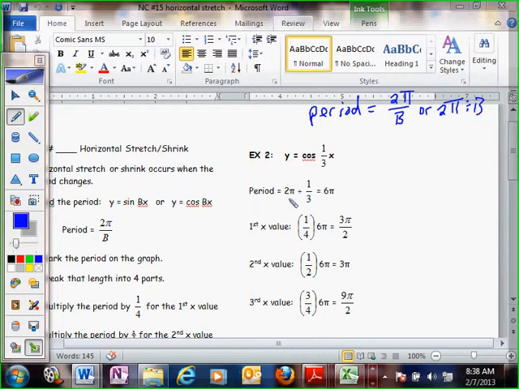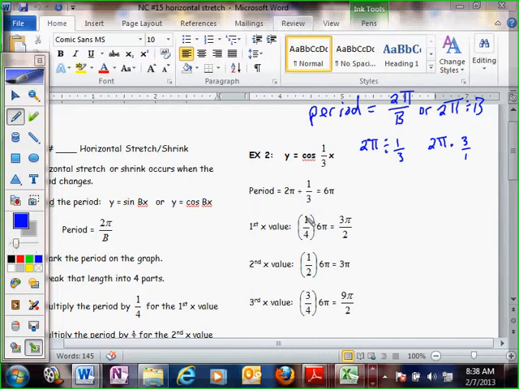And so that's what we have here. 2 pi divided by b, which is 1/3. And we get 6 pi because, remember, the way you do this is you have 2 pi divided by 1/3, which is 2 pi times 3 over 1, or just 3, which gives us 6 pi. So my new period is 6 pi.